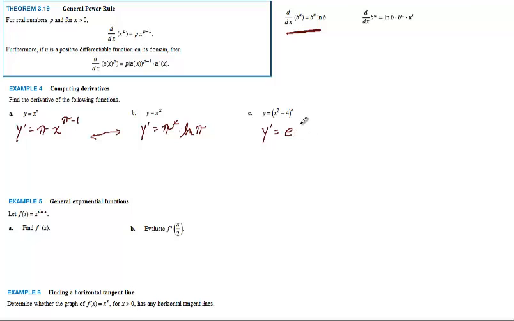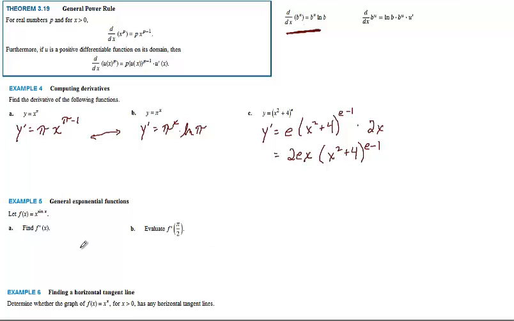I'll bring my e down front, x squared plus 4, leave the inside alone, e minus 1, times the derivative of the inside. The derivative of the inside would then be 2x, making it look a little bit prettier but not much. 2e x times x squared plus 4 raised to the e minus 1.